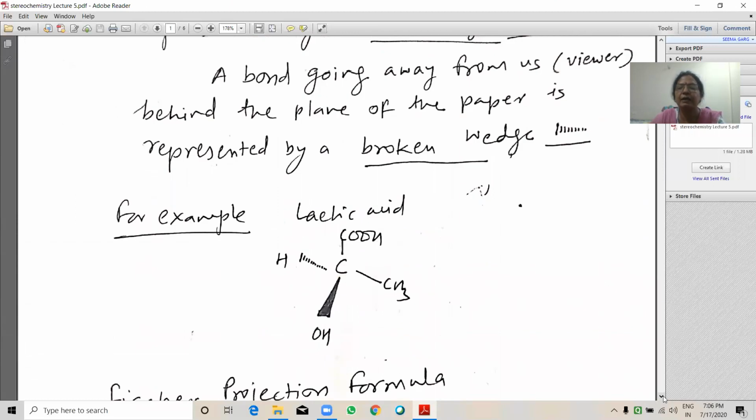For example, lactic acid. See here in lactic acid, the hydroxy group is represented by a solid wedge and it is towards the viewer, whereas hydrogen is represented by a broken wedge, it is out of the plane or away from the viewer.